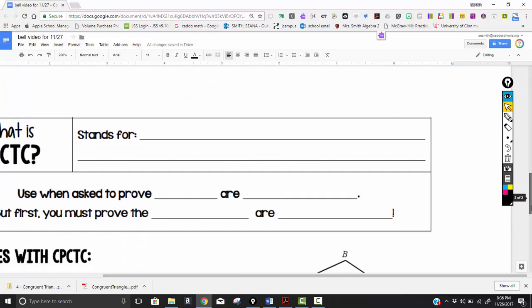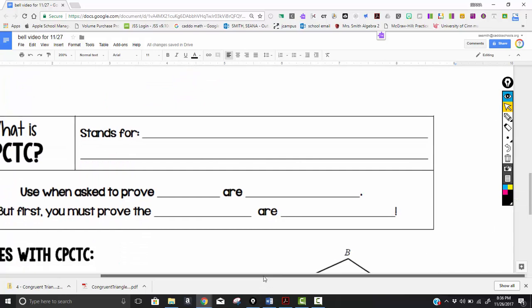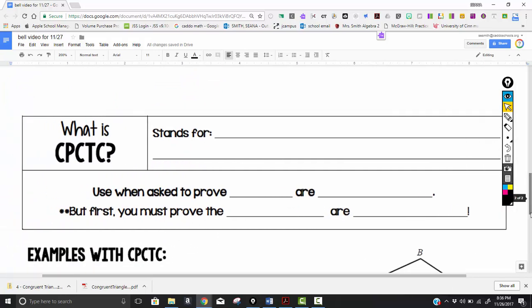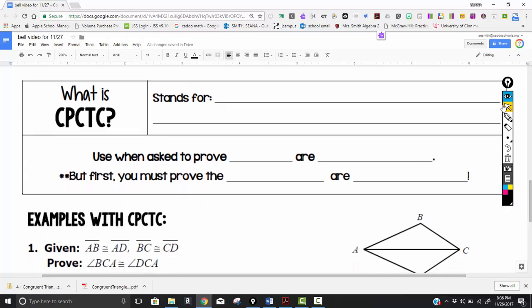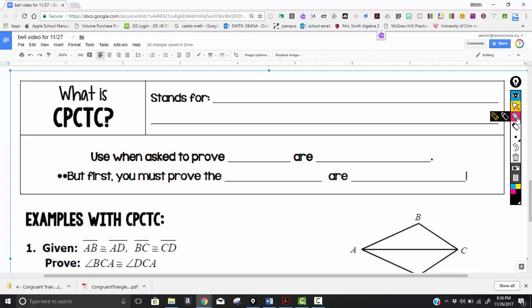I'm having scrolling issues here. Okay, scrolling on down. Again, we're going to double check that we understand the meaning for what CPCTC stands for. So I'm going to go ahead and write it out in words. If you want to make a note of this, you can.